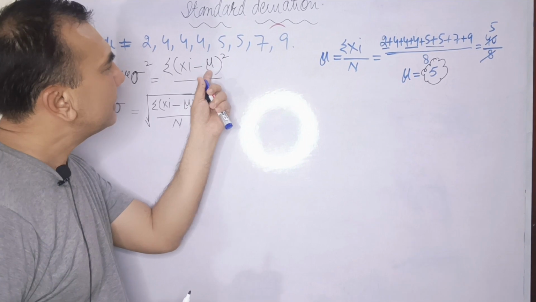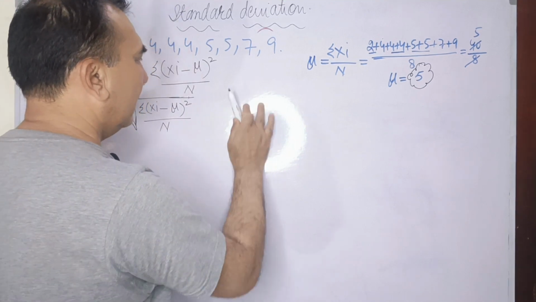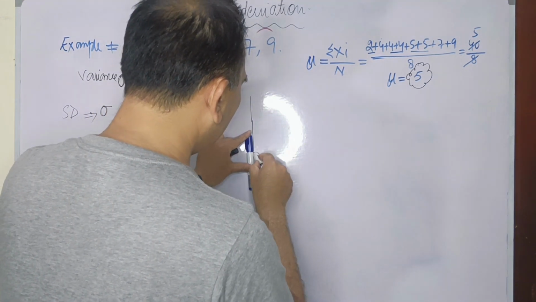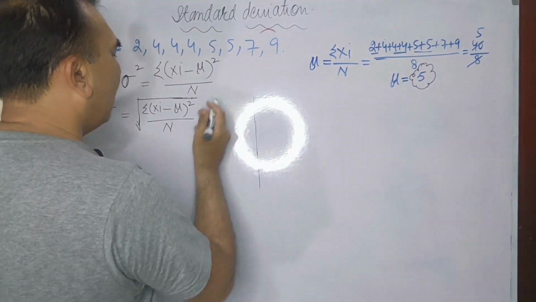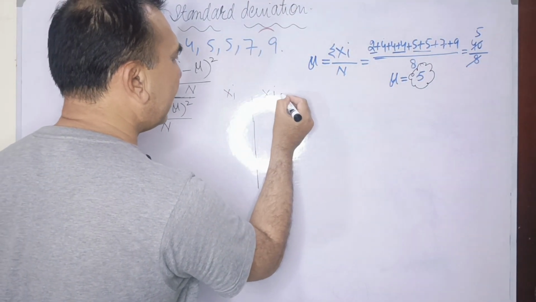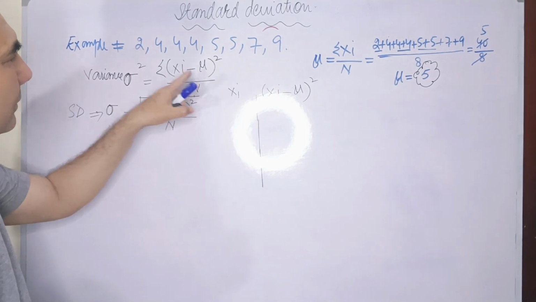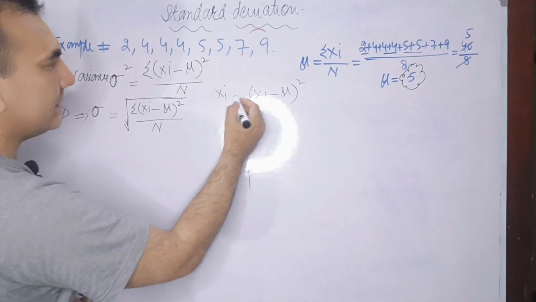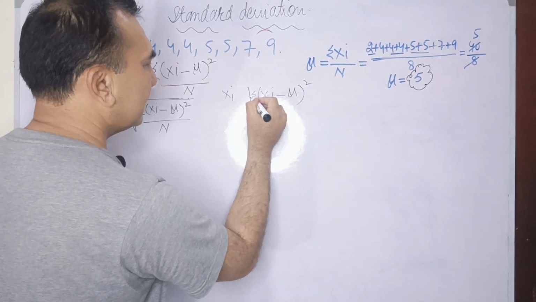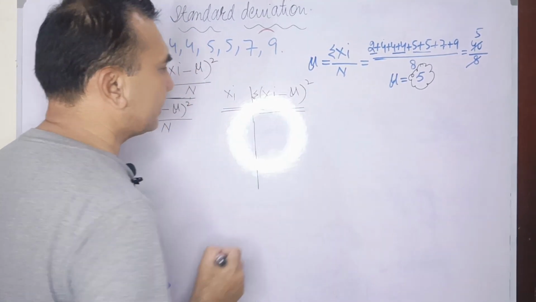Here we have just calculated mu. Now we calculate the sum of xi minus mu whole square.